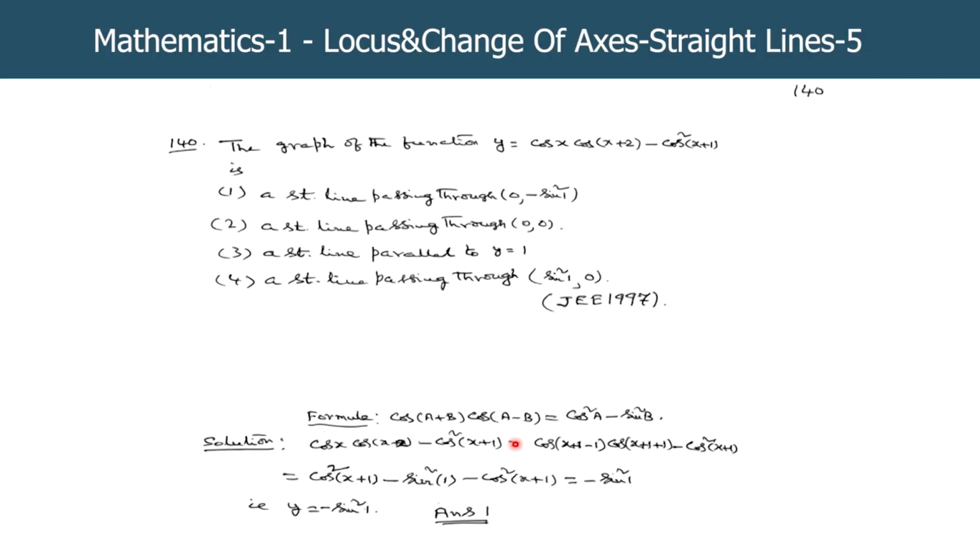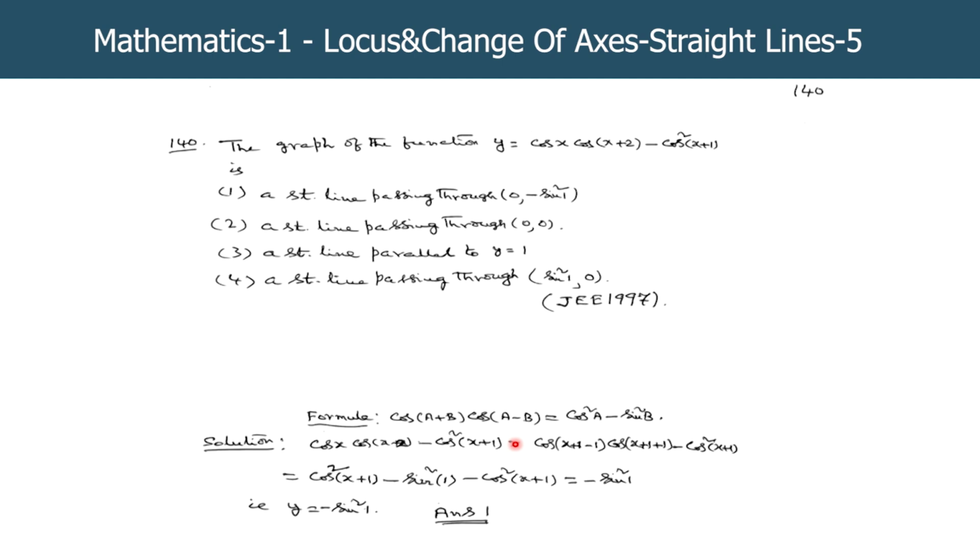If you use that, writing sin square A as 1 minus cos square A and sin square B as 1 minus cos square B, you will get cos square A minus sin square B. So cos A plus B into cos A minus B is always cos square A minus sin square B, or cos square B minus sin square A.